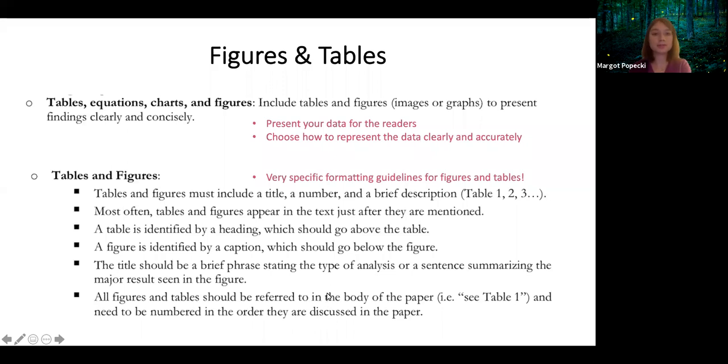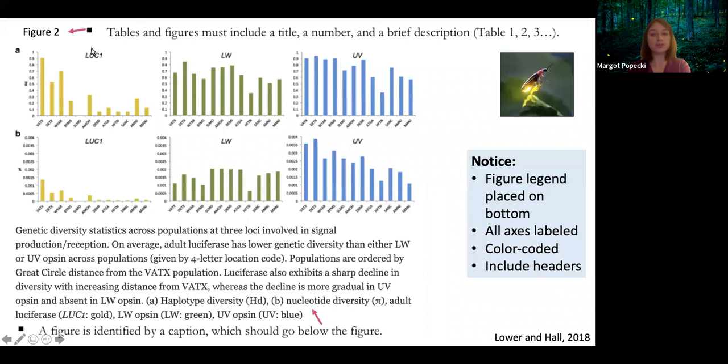So this is figure 2 from Lower and Hall 2018. I'll start off with saying there's a lot going on here. They're presenting a lot of data, but the way they're presenting it is very clear. Right off the bat, we can see A and B. They're showing two different types of data. They're looking at haplotype diversity and nucleotide diversity.